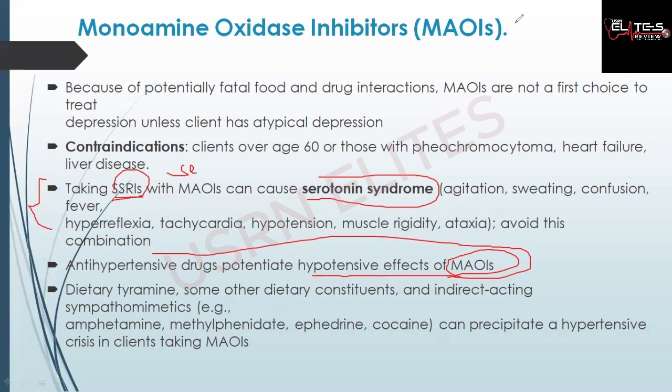Monoamine oxidase inhibitors have the capacity to bring your blood pressure down, so the use of antihypertensives can potentiate hypotensive effects. Good. Then, dietary tyramine, a kind of protein, is found in some foods and some drugs.